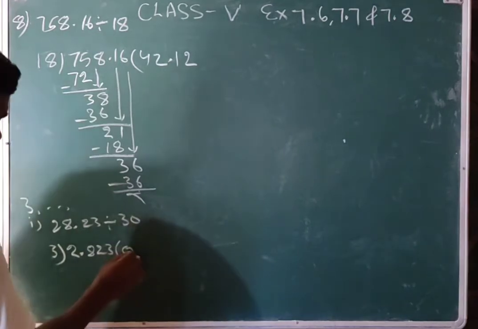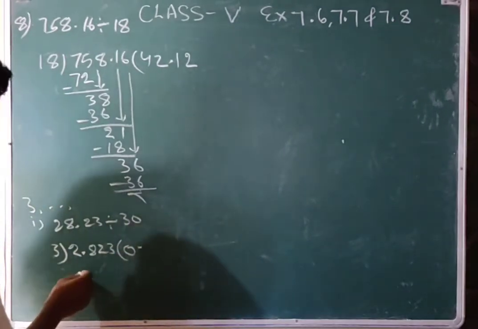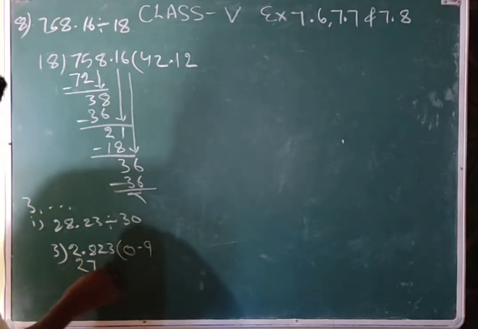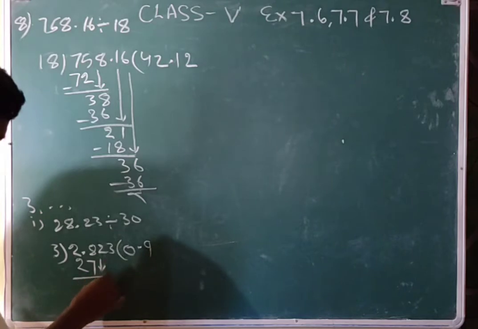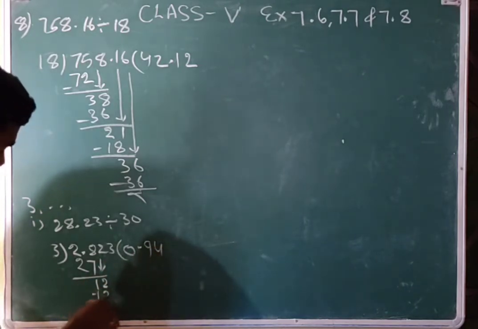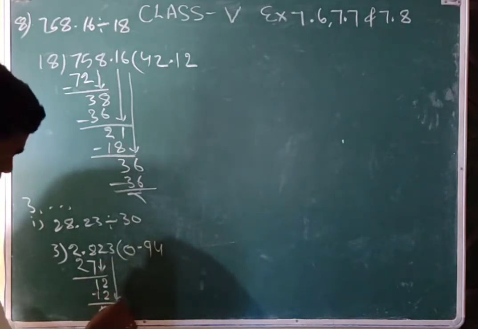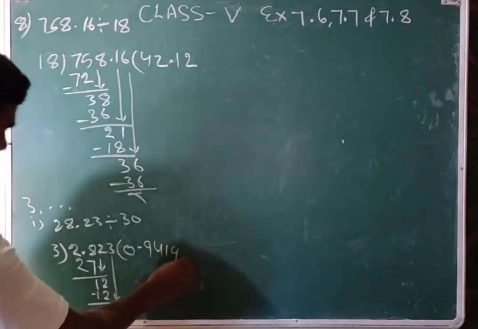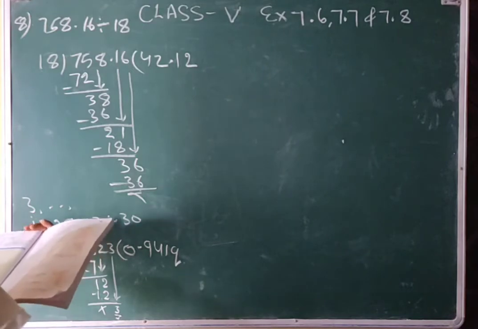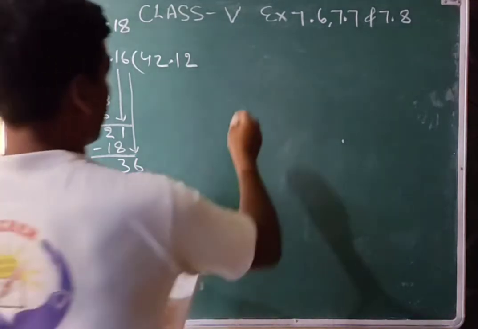So 0 decimal, 3 9 ja 27, and then left is 1, next digit is 2, 3 4 ja 12, and then nothing is left, and then 3 3 1 ja 3. So the quotient is 0.941.